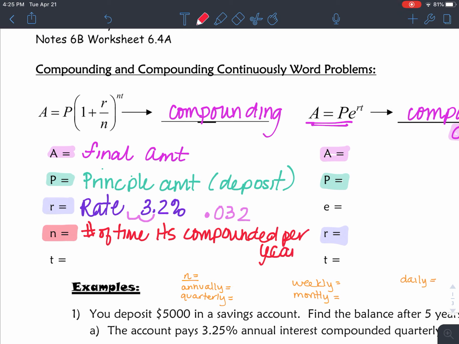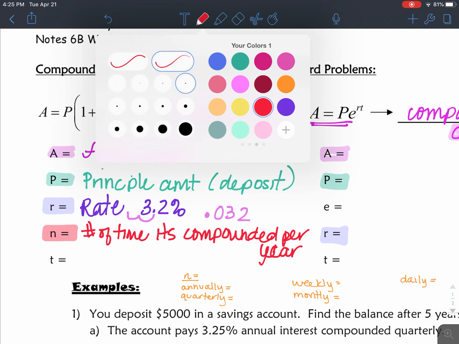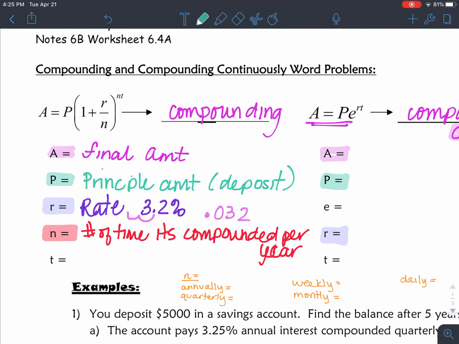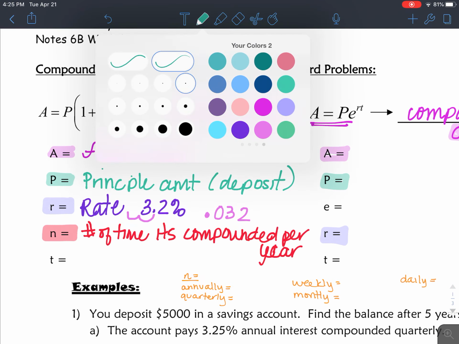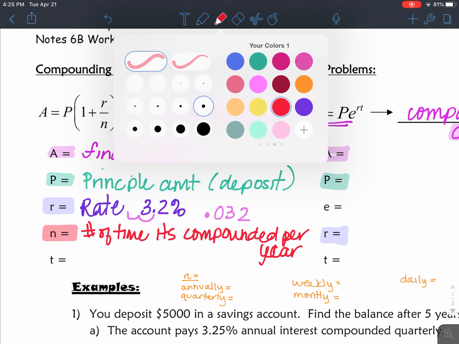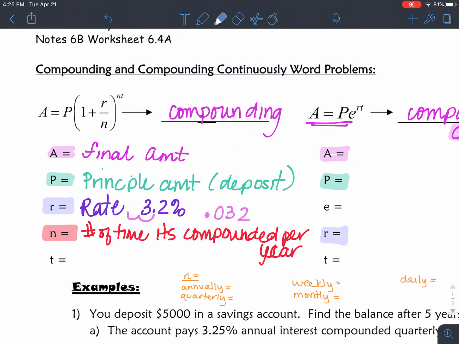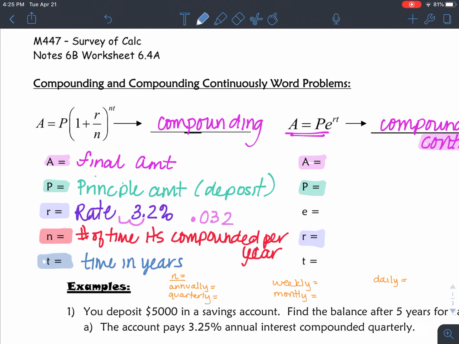That means that our time needs to be in years, so T has to be represented in years. If I tell you 18 months, you need to change that to 1.5 years. So T is time in years for this one.